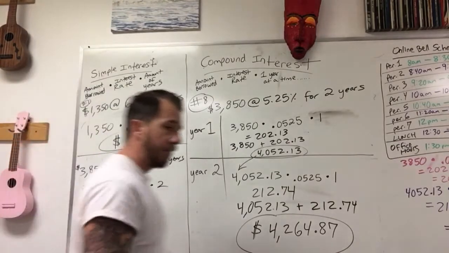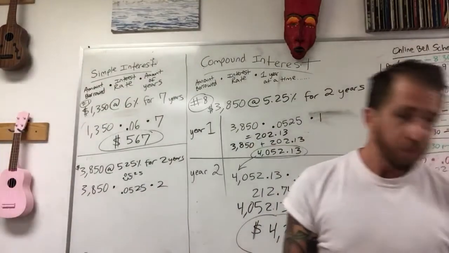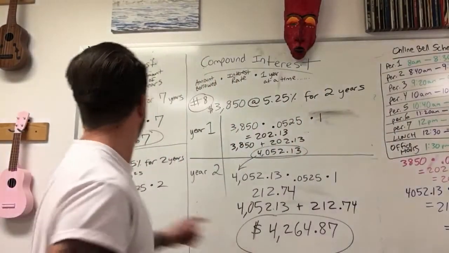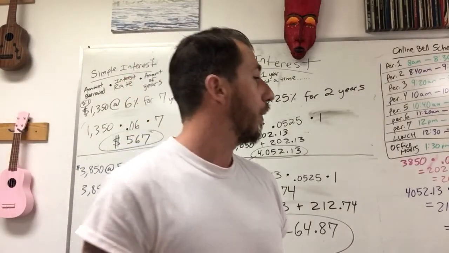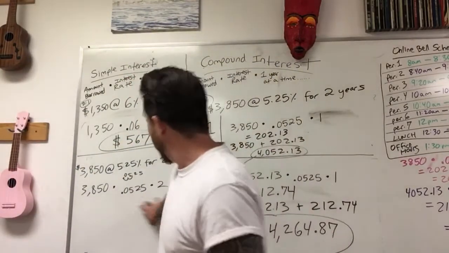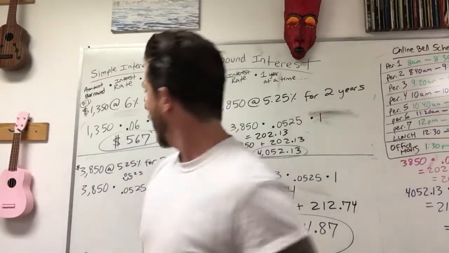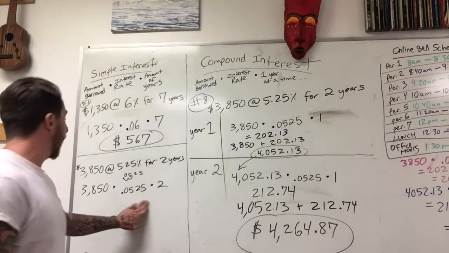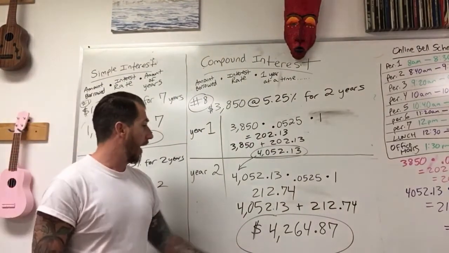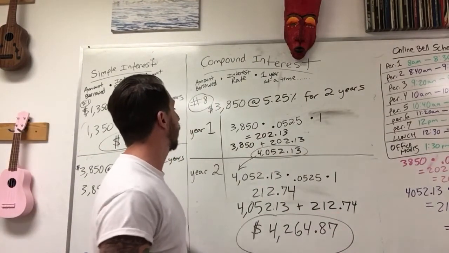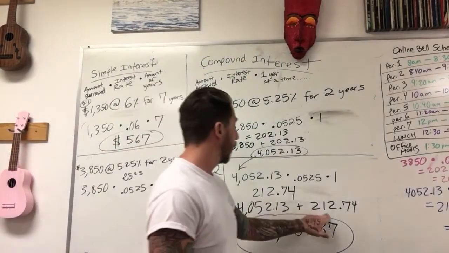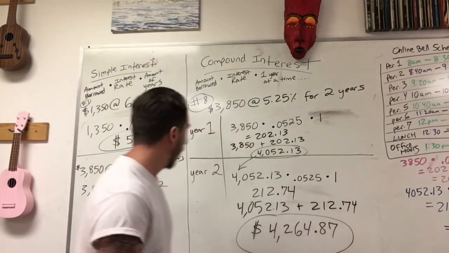I would have to look up on my phone what that is actually, but I don't have a calculator with me, so I'll let you guys do that right now, and you tell me, is that number higher or lower than our 212, or our 202.13? Really, you'd want to say, is it lower than this?